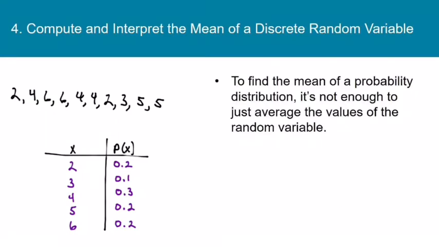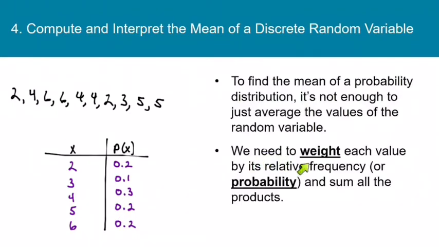A common mistake a lot of people make is that when they're trying to find the mean of a probability distribution, what they think they can do is just average the numbers in the x column. And if you average these 5 numbers, you'll see that the mean is 4. But we know the mean of our raw data was 4.1, not 4. So the probabilities have to come into play somehow.